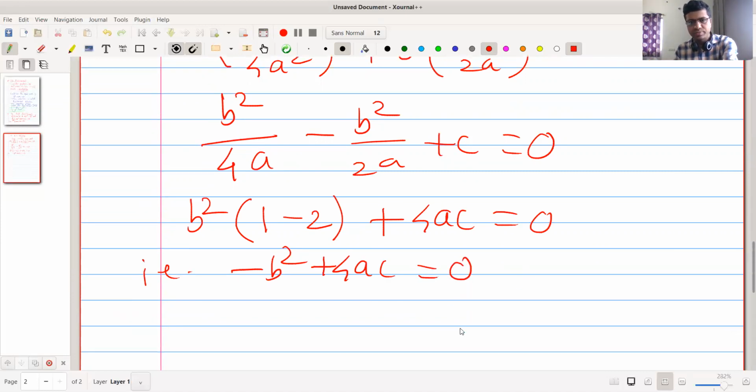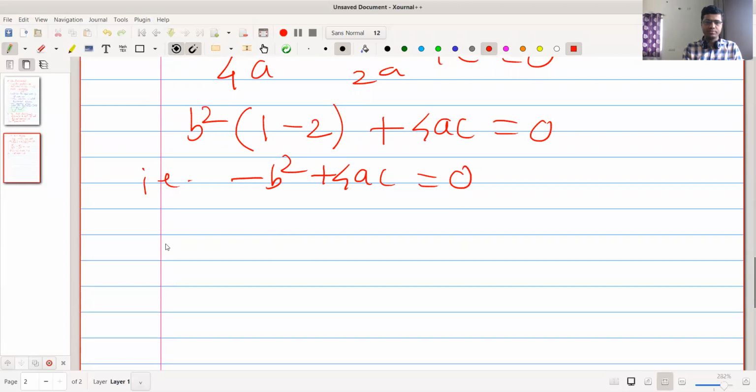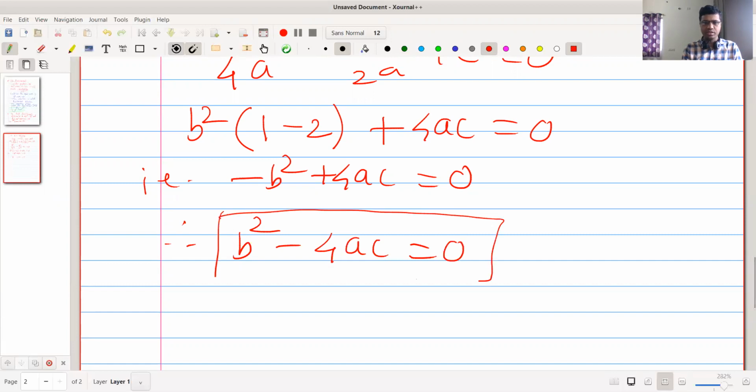We can multiply this by minus 1, so that b square minus 4ac equal to 0. So we get the discriminant relation. So for a given equation in some variable, we can find the discriminant relation by eliminating that variable from the given equation and equating the derivative of that equation to 0.